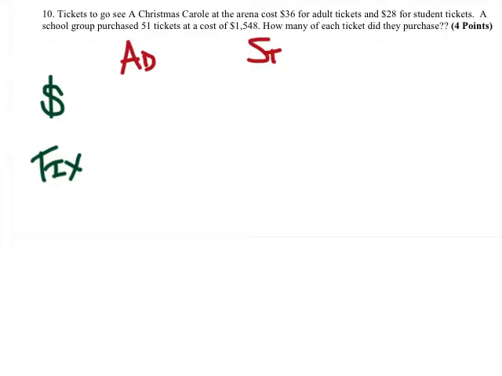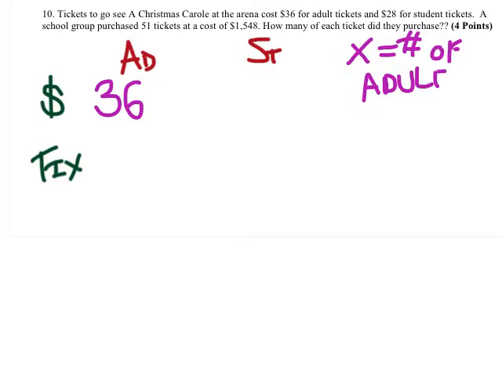So if we look at costs, adults are $36, and we'll say that x is the number of adult tickets. So it's $36 for every ticket, 36 times the x.